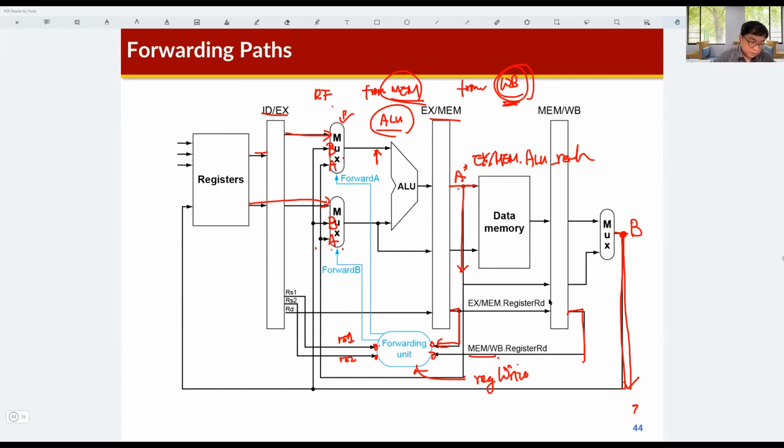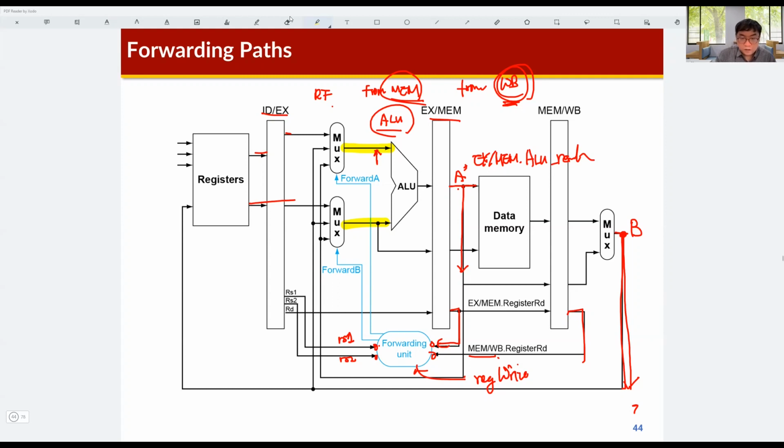For data forwarding, we learned how to build a pipeline processor that supports data forwarding. If we just focus on the input of the ALU, the required data from the former instruction are forwarded to the inputs of the ALU, because the ALU requires these operands.